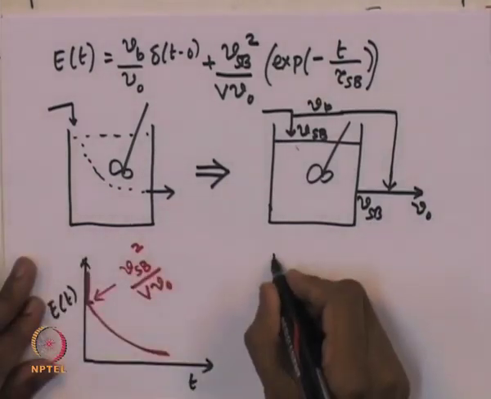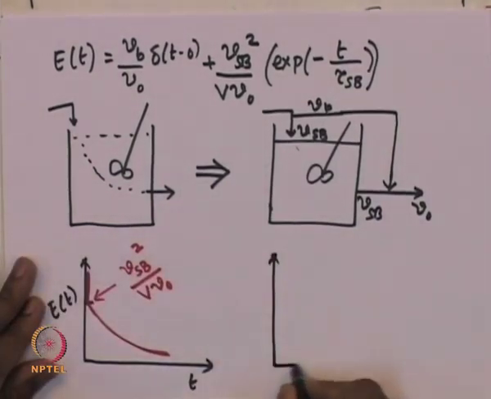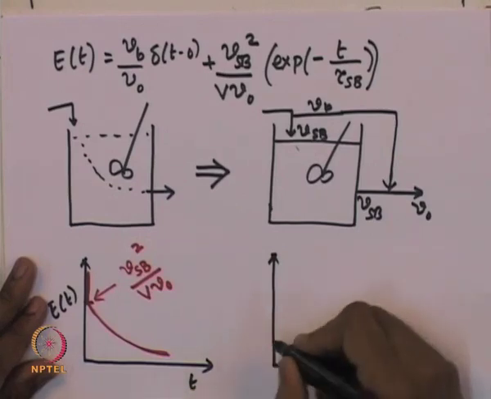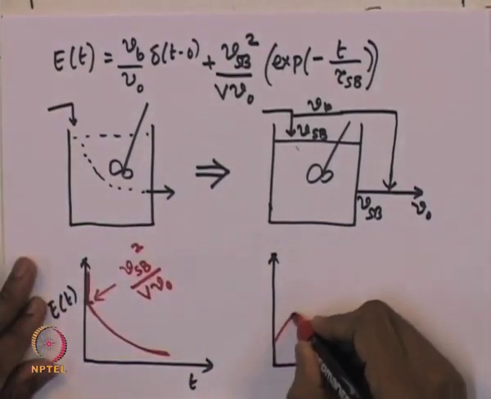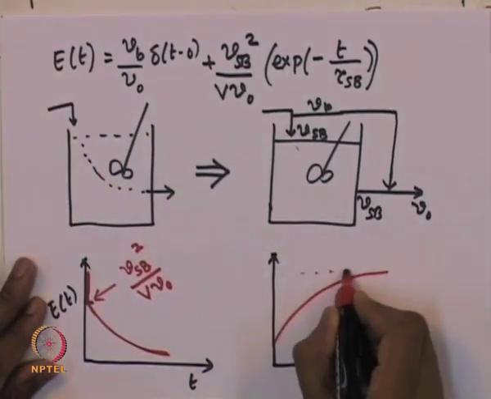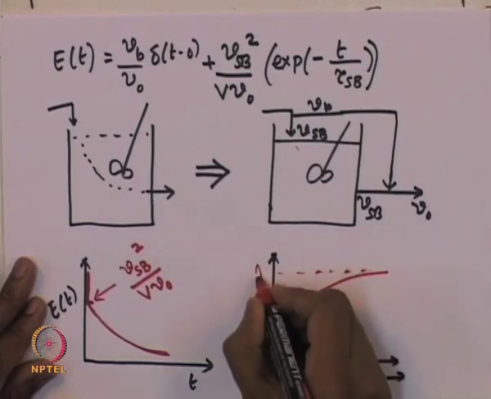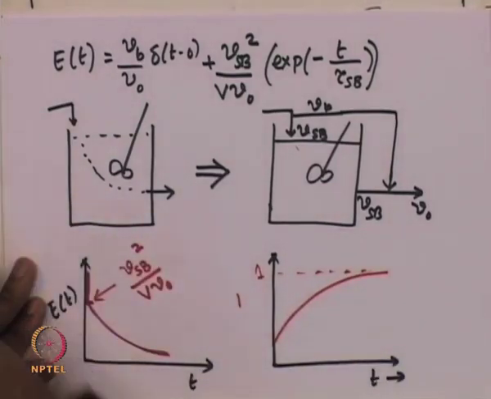Now, the corresponding F curve will be, so if this is the corresponding F curve, then we will see that the F curve actually has a jump right at t equal to 0. So, this is 1, this is the F curve.